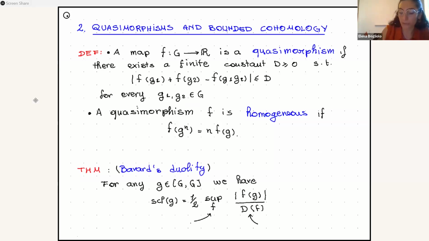We say that a quasimorphism is homogeneous when it behaves as a homomorphism on cyclic subgroups of the group G.